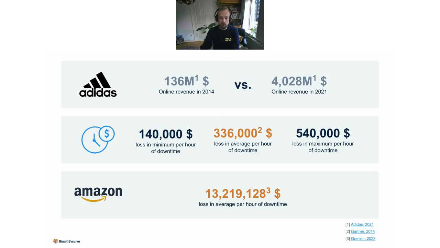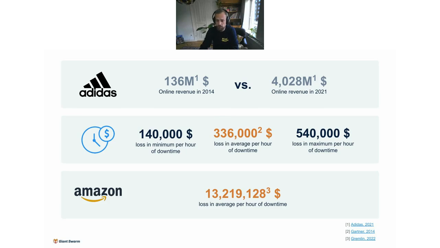The other problem with this is that by increasing the business value by going cloud native, you also have the risk that if you have a downtime, the business risks are higher than before. I have here a study from Gartner from 2014, where they analyzed what the average cost per downtime for a business actually is.